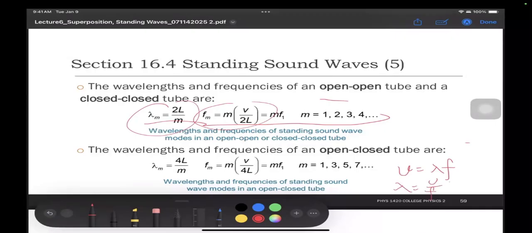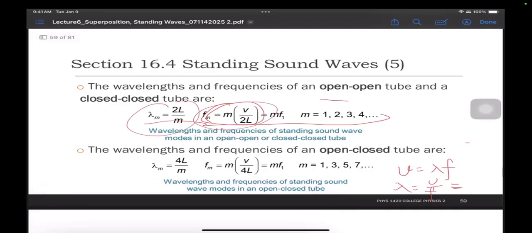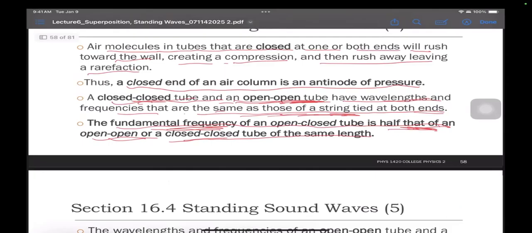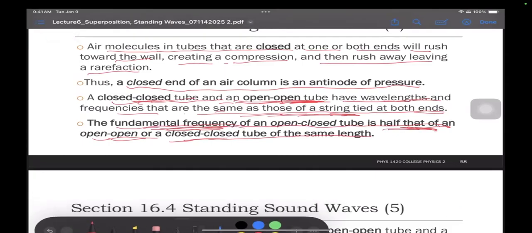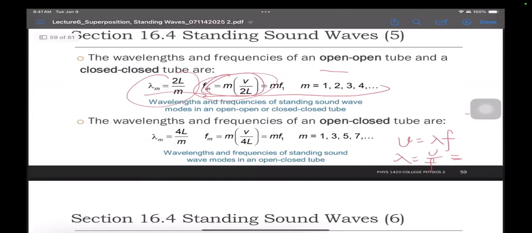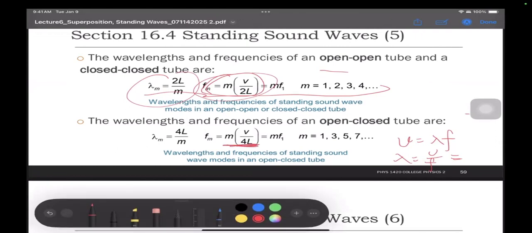So here, F equals this one. Here we know the frequency will be half, am I right? So the frequency will be from here, which means lambda equals this one.